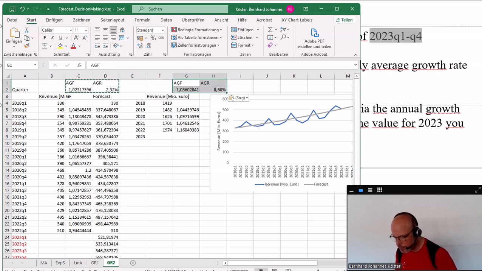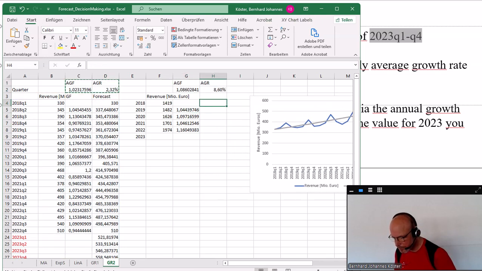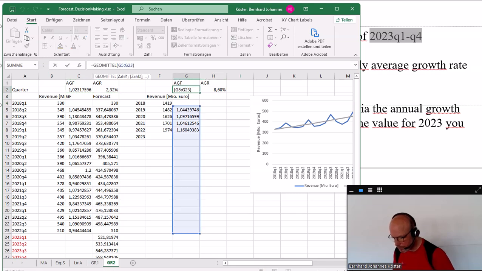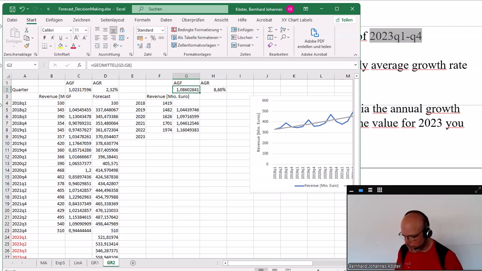I think this should work, or no. And then this one. Oh, it doesn't change because you have only zeros, of course. Then he is ignoring these zeros.